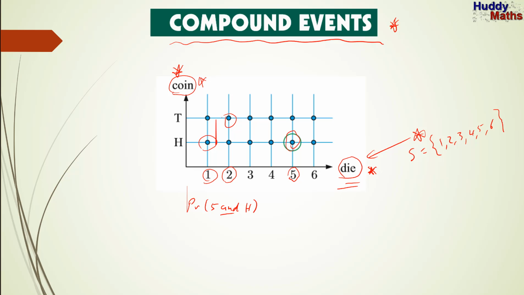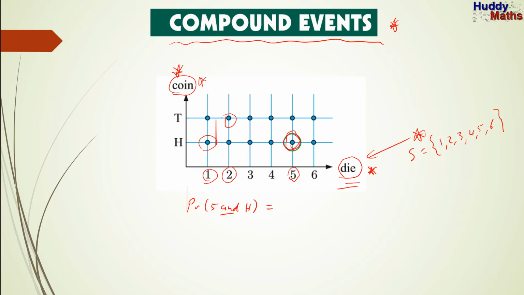Well, you can see that all of these have equal opportunity of occurring. So a 5 and a head, how many are there? That's one possibility out of, let's add up all these dots. How many are there? I think there's 12.